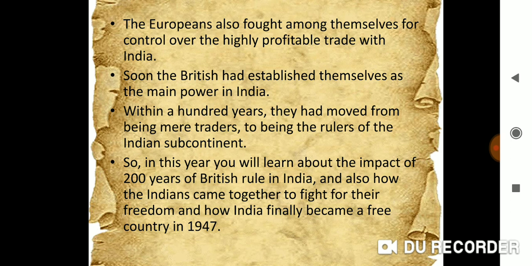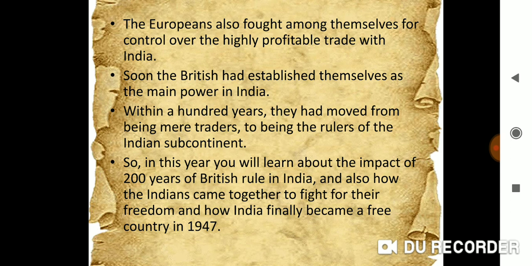So finally the British had established themselves as the main power in India. Within 100 years, they had moved from being mere traders to being the rulers of the Indian subcontinent. So at first, the British East India Company came as traders, but within 100 years they became rulers of the Indian subcontinent.